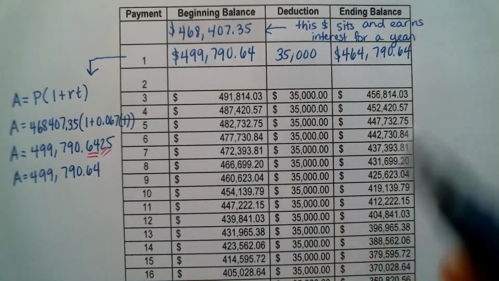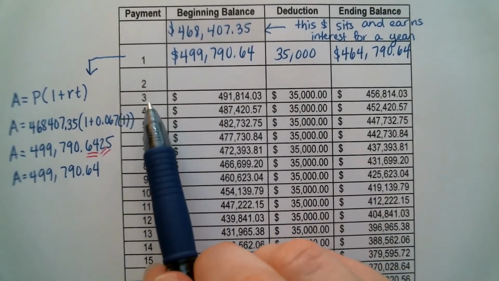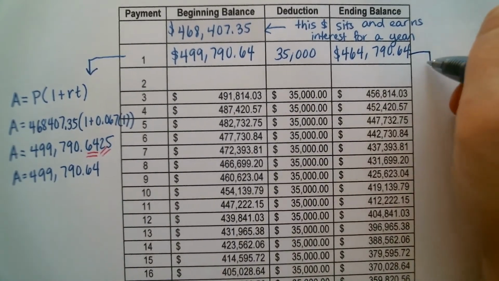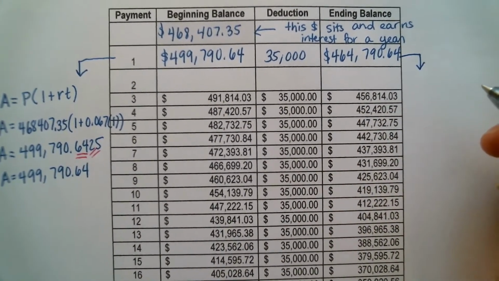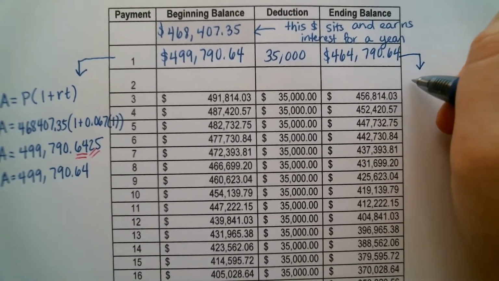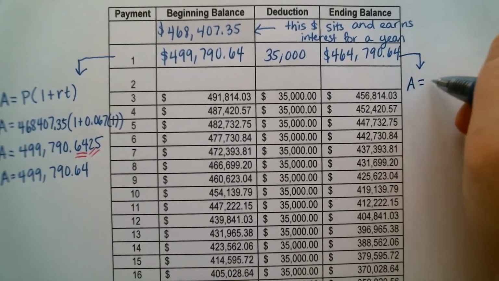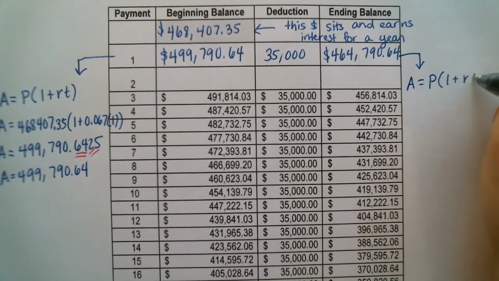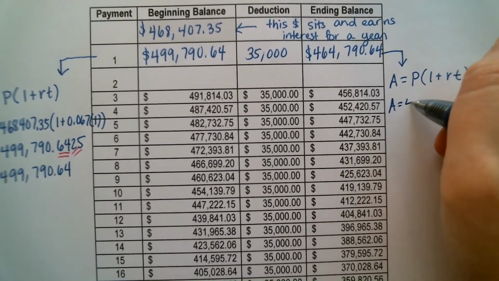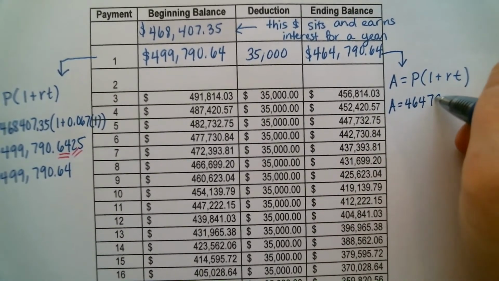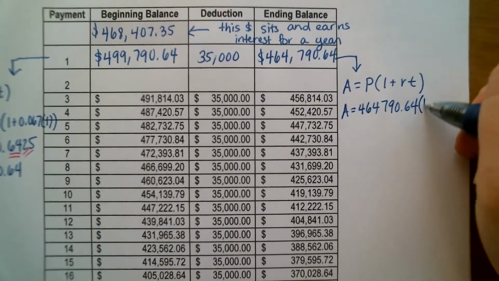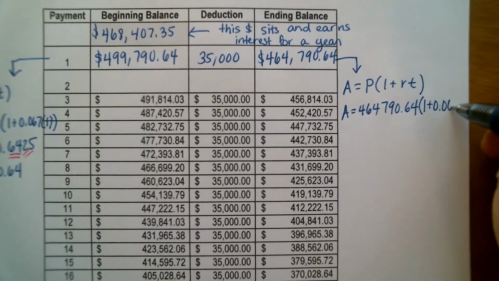When it comes time to make the second payment, we have to figure out how much is in the account. This amount has been sitting in the account earning interest for a year now. Again, apply your simple interest formula if you want the account balance. We've had $464,790.64 sitting in there, and you multiply that by 1 plus RT.